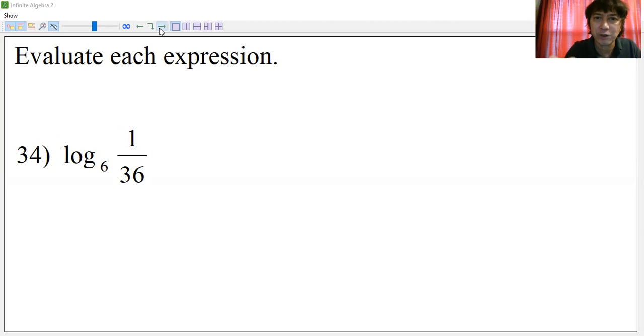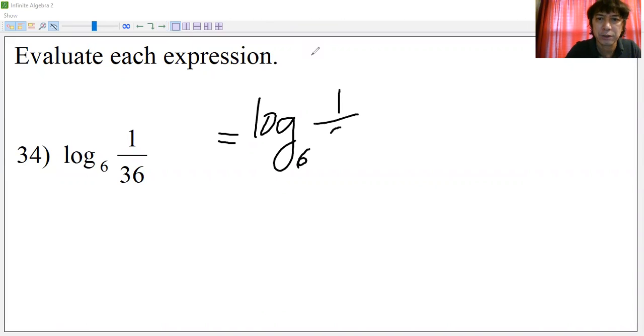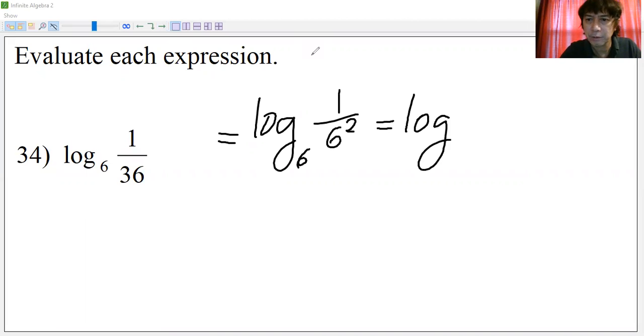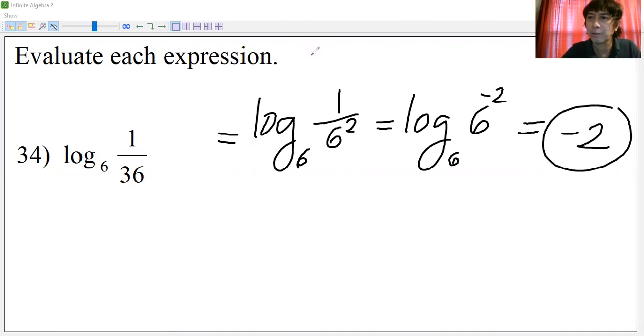All right, but let's show it once more. This is logarithm base 6. We can write 36, 6 squared at the bottom, and we can raise that up. Logarithm of the base 6, 6 to the negative 2, and it's clearly negative 2. There. Okay, is it negative 2? Let's show it on screen. Yes, it is. All right, there.